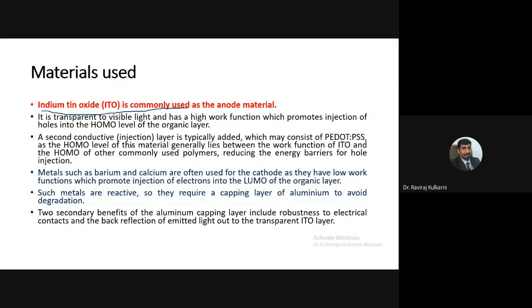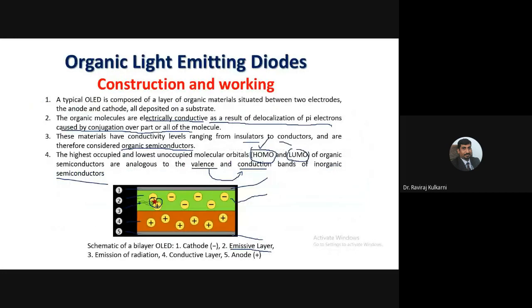The second conductive layer, an injection layer, is typically added, which may consist of PEDOT and the like. This is a polymeric compound. You don't have to remember all these things. Basically, we use metals such as barium and calcium as cathodic materials.